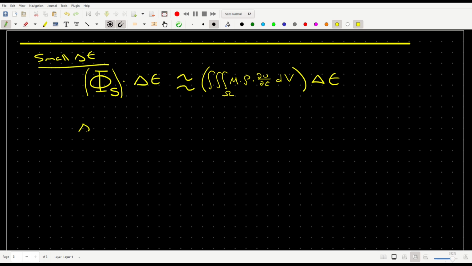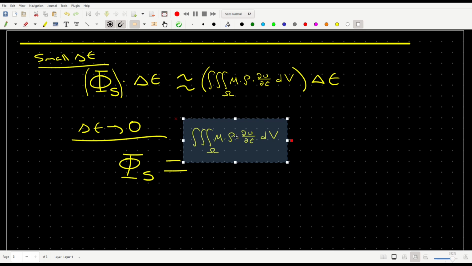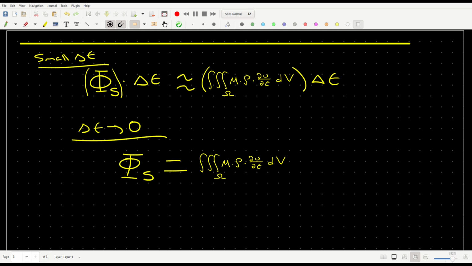And as this delta t interval gets smaller and smaller, the total flux at any given instant of time, phi s, through the surface should be exactly equal to the total flow of energy through the boundary.